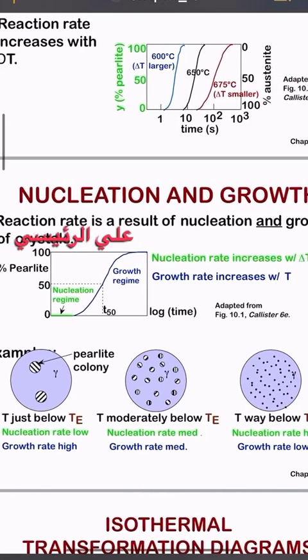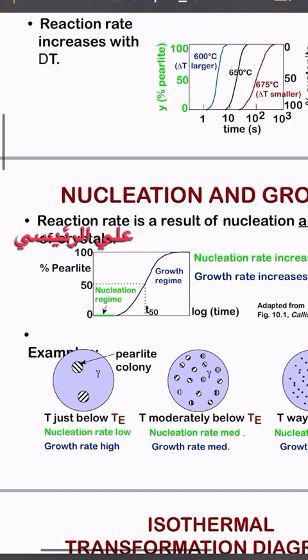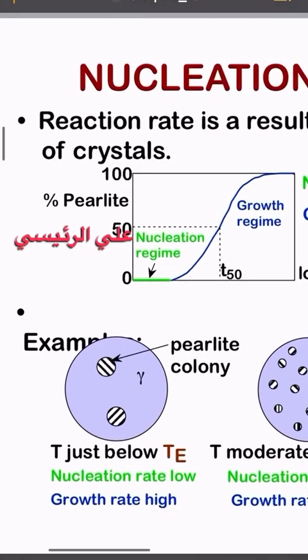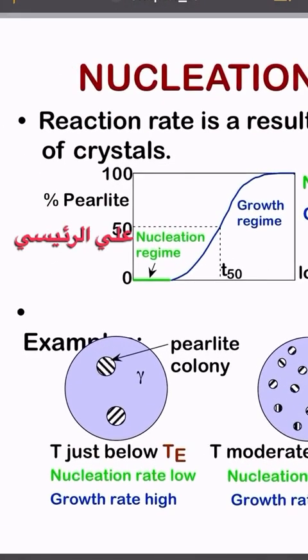I will explain each by itself. The first circle from the left side, where we can see that when you are near the eutectoid temperature, the granules will be big. When I say big, I mean the pearlite granules.